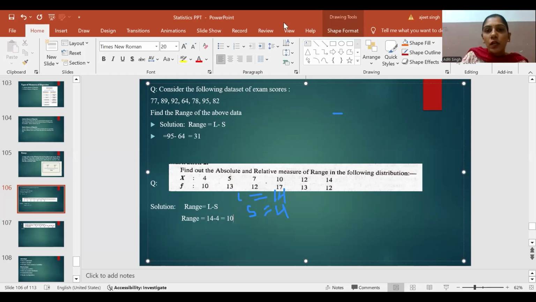The formula for calculating the coefficient of range is the largest value minus the smallest value, divided by the largest value plus the smallest value.